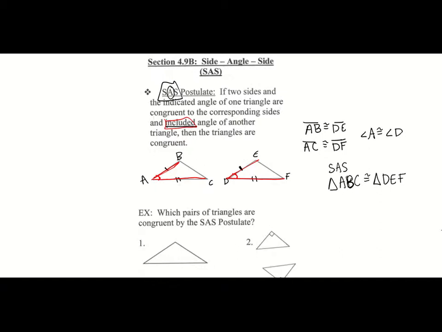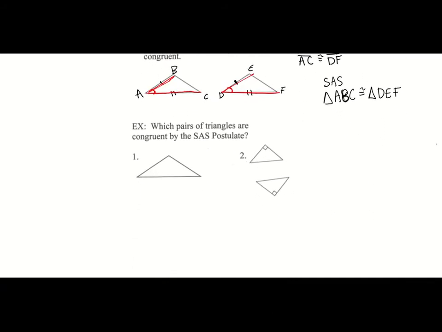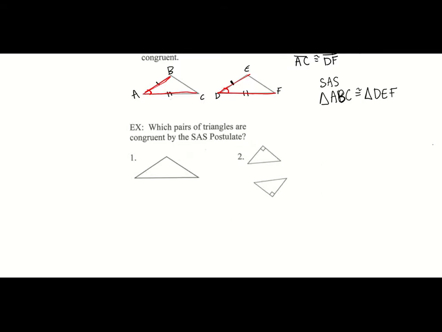Okay, so let's look at a few examples. This one says, which pairs of triangles are congruent by the side angle side postulate? So if we have this triangle broken up into two smaller triangles, and if we are given that these two sides are the same and these two angles are the same, we want to know, can we prove by side angle side that those two triangles are congruent?